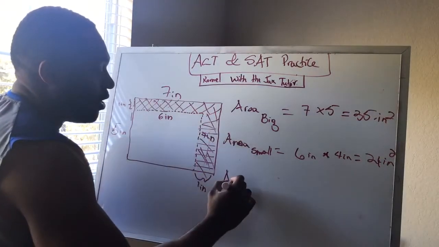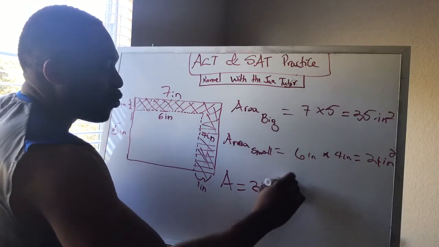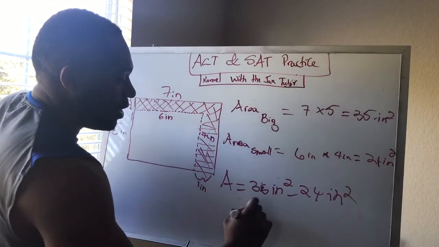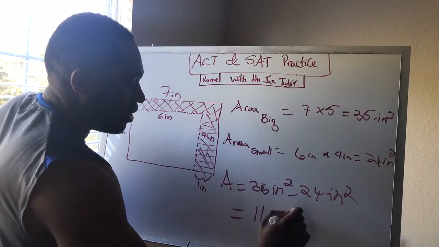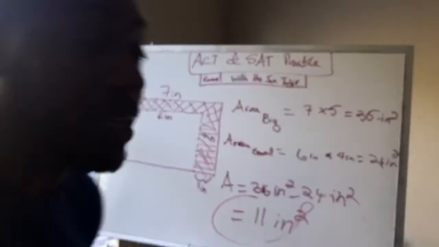So the area we're looking for, A, is equal to 35 inches squared minus 24 inches squared, which is 11 square inches. And this should be answer choice C.